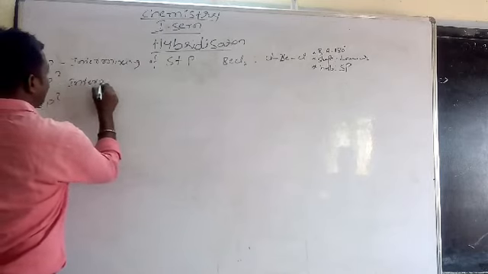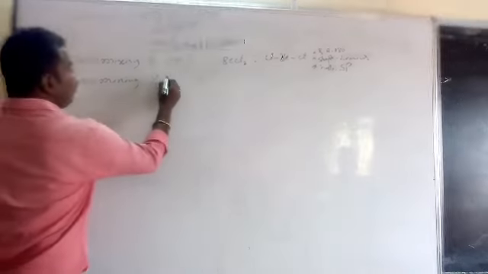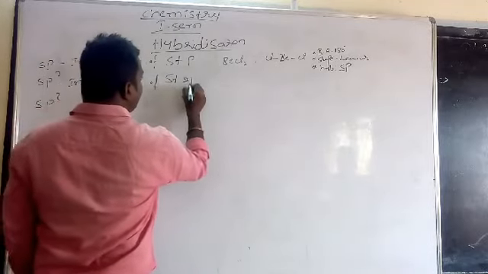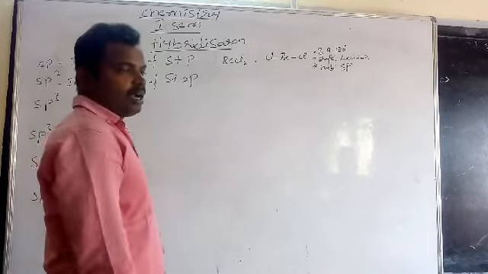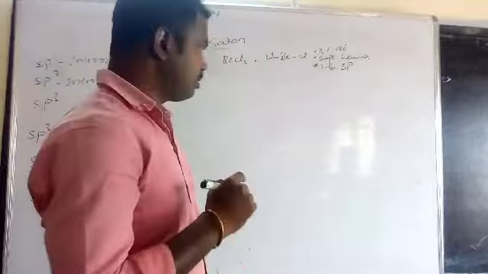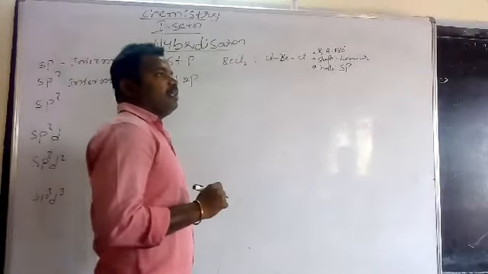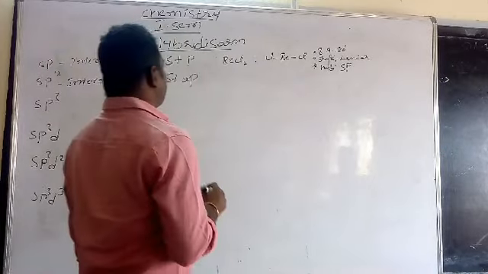Intermixing of one s orbital and two p orbitals are combined to give new equivalent hybrid orbitals. This process is known as sp2 hybridization.